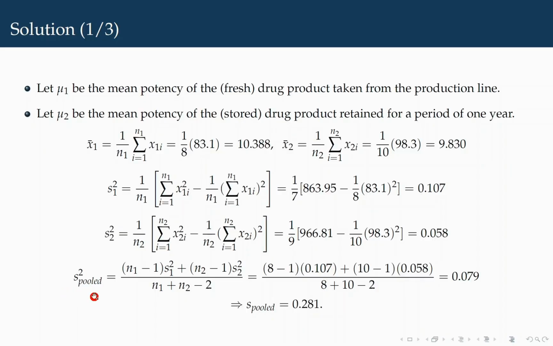This pooled sample variance is nothing but (n1 minus 1) times the sample variance of the fresh drug product plus (n2 minus 1) times the sample variance of the stored drug product, over n1 plus n2 minus 2. So this becomes 0.079. This is the pooled sample variance. So the pooled standard deviation is nothing but the positive square root of this pooled sample variance, so the pooled standard deviation becomes 0.281.